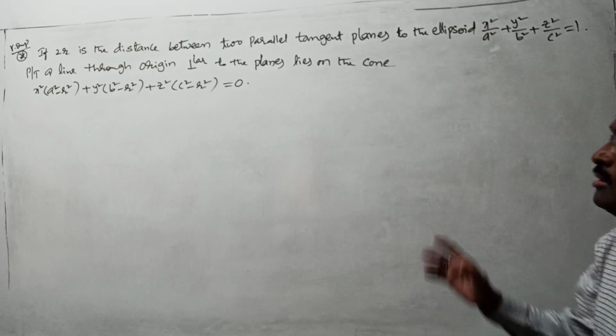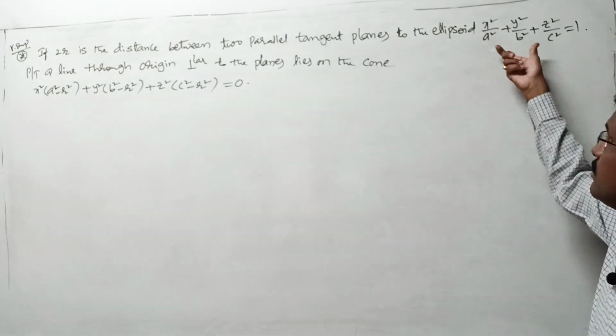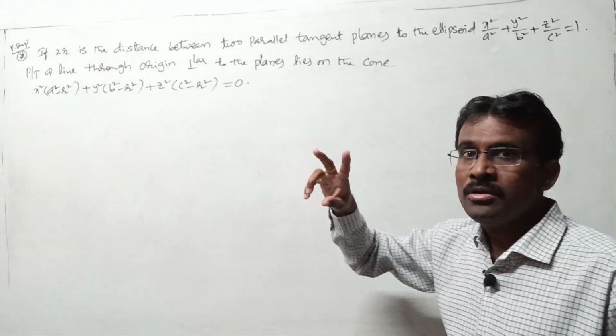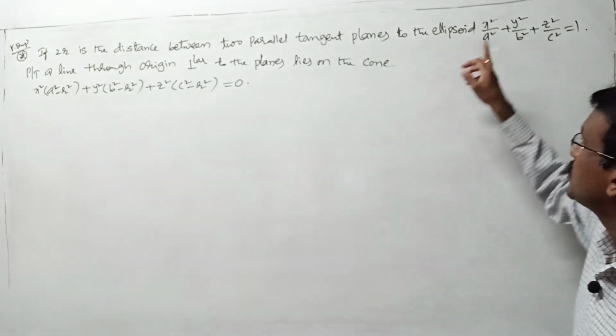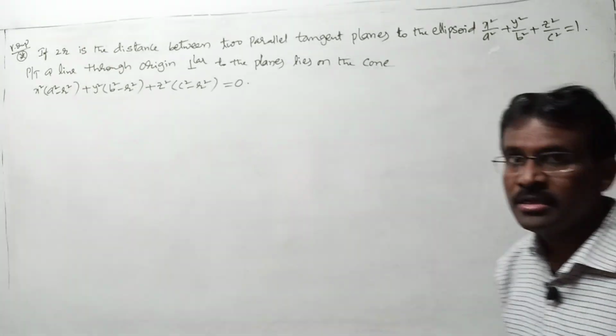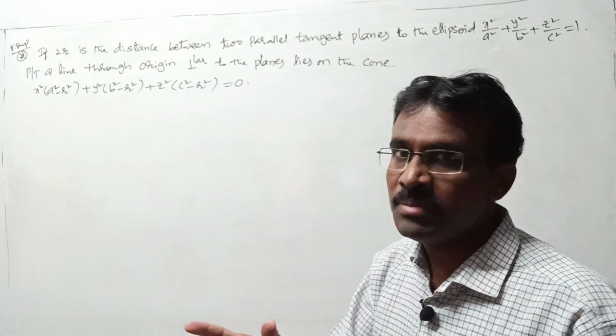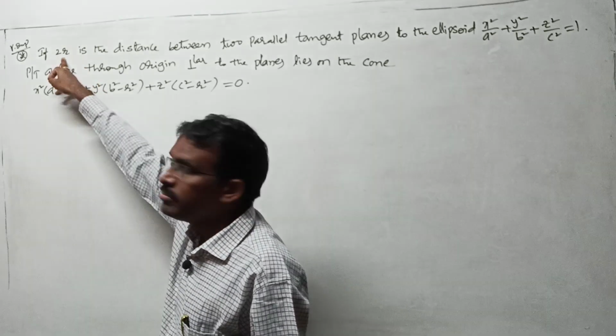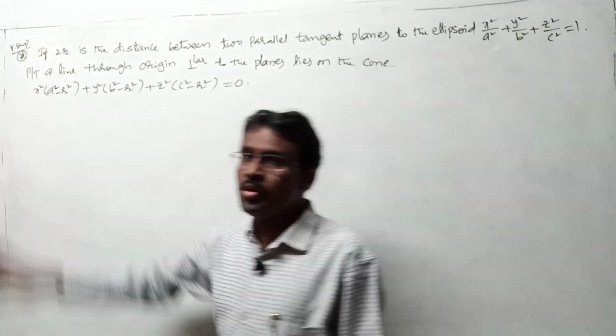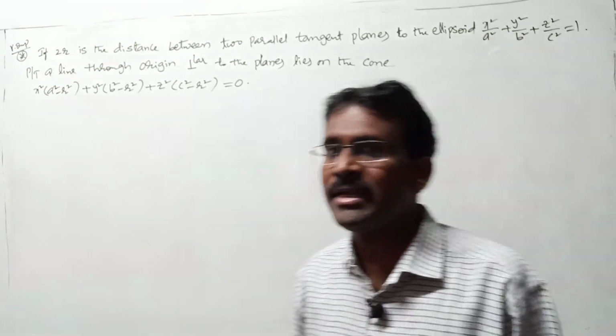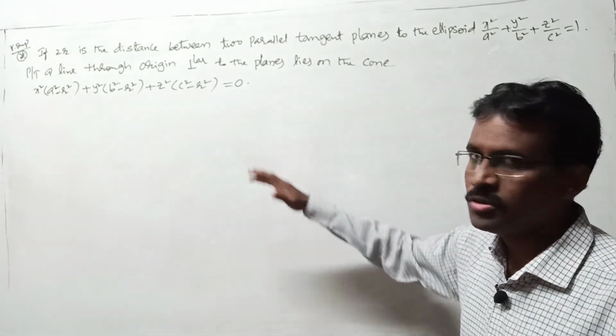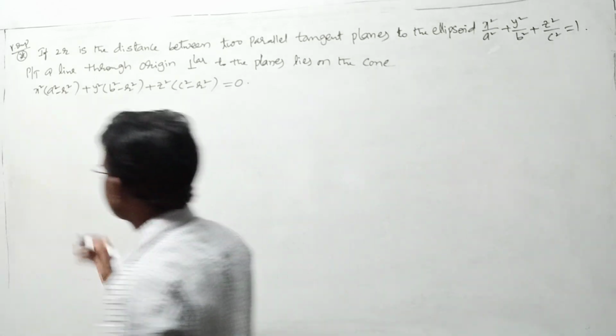My first work is, let us take your given conicoid. Define two parallel tangent planes to this conicoid. After that, let us find the distance between them and equate it to 2r, because in the statement they gave that 2r is the distance between two parallel tangent planes. First of all, I want to work up to there.